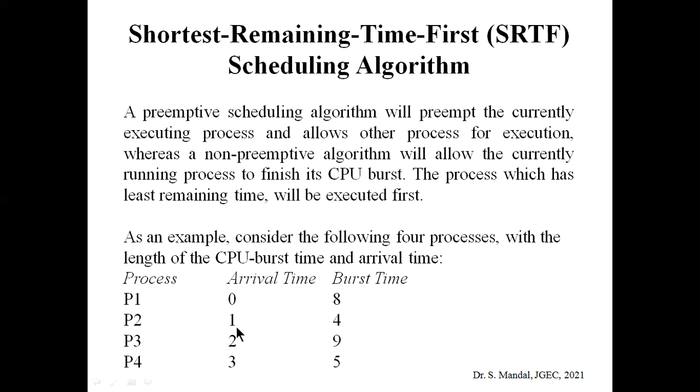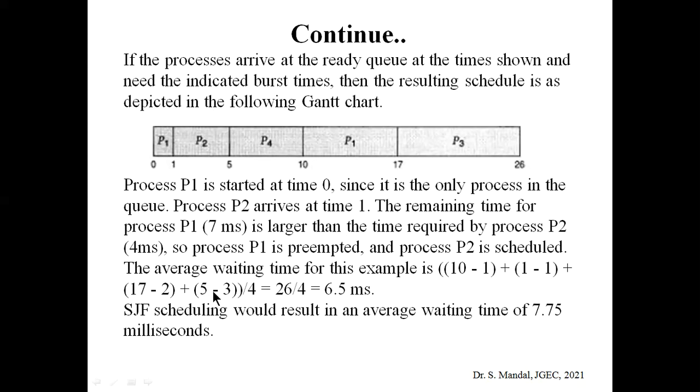Then after 1 millisecond P2 arrives, after 2 milliseconds P3 arrives, and P4 arrives after 3 milliseconds. The burst time for P1 is 8 milliseconds, and for P2, P3 and P4 are 4, 9 and 5 milliseconds respectively. Let's see how the shortest remaining time first algorithm works for this problem.